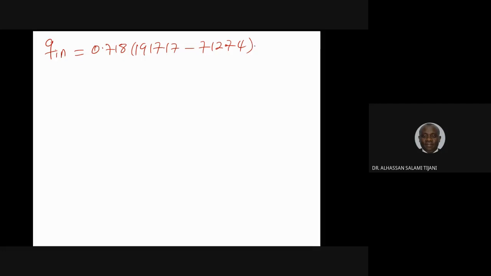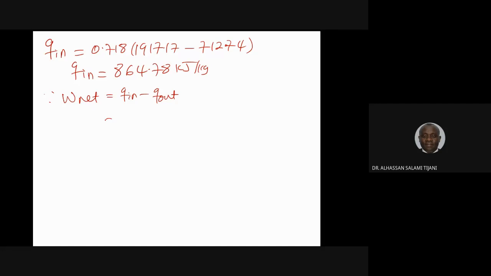Okay, so like this. So eventually Q in equals 864.78 kilojoules per kilogram. Okay, so therefore we know W net equals Q in minus Q out.